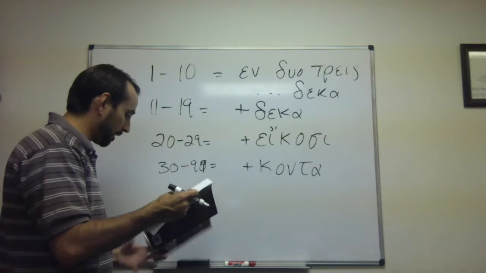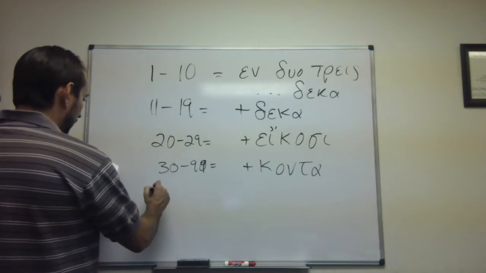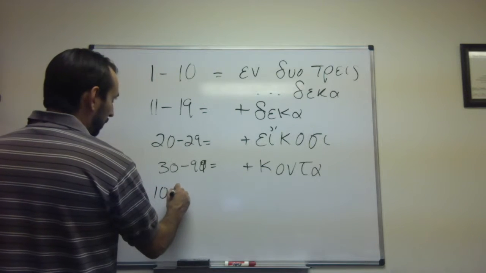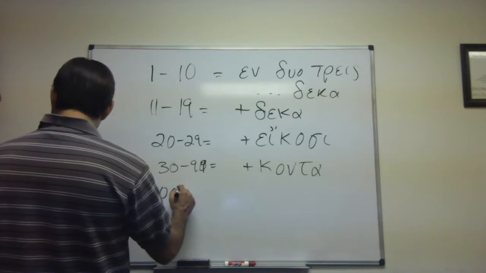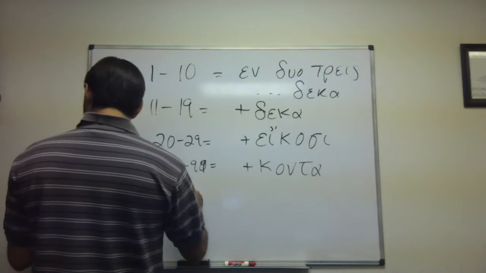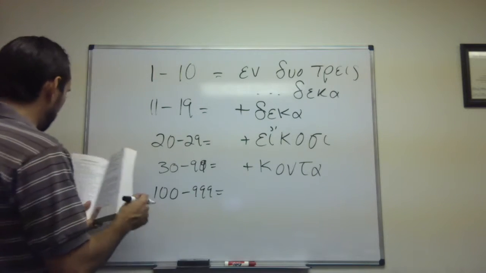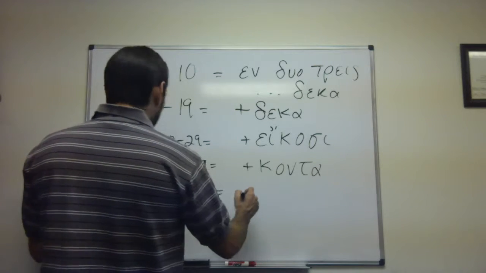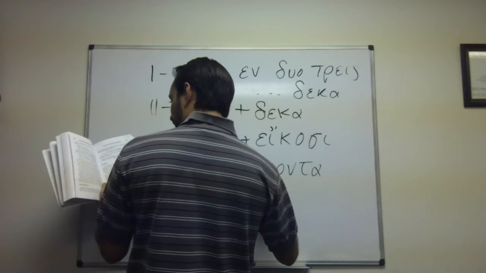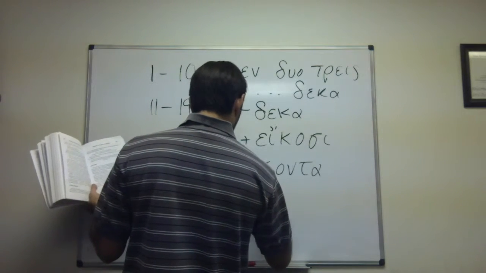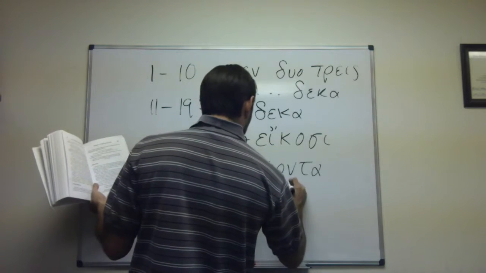Okay, and then for hundreds, you have a word for 100, but say you want to say anything from 100 to, technically, 999, because when you get to the 1,000, you have a new interval. That would be your suffix. Make sure I spell it right.